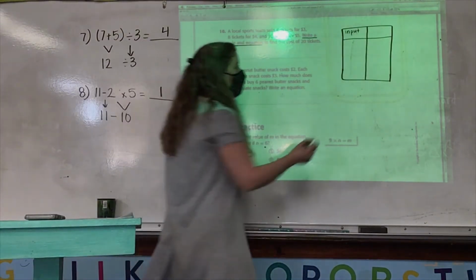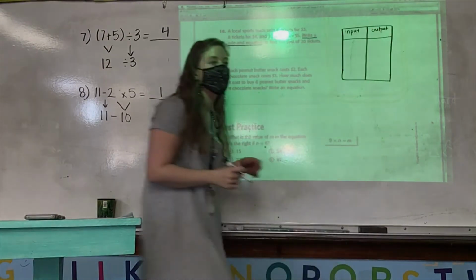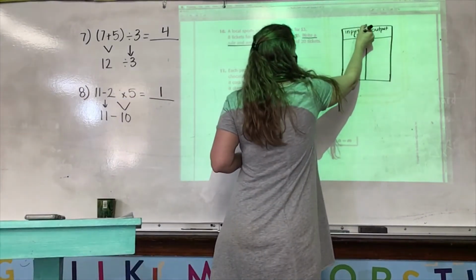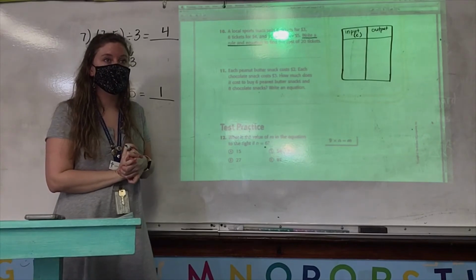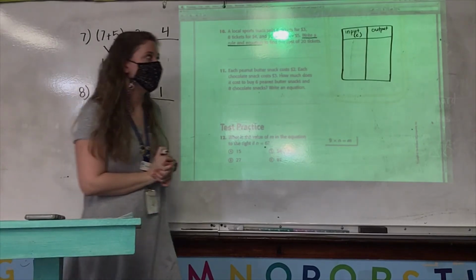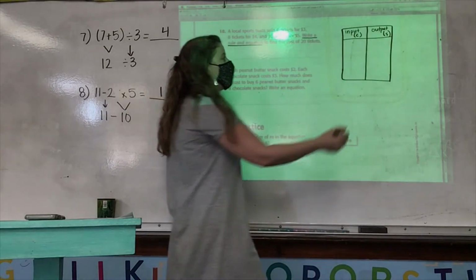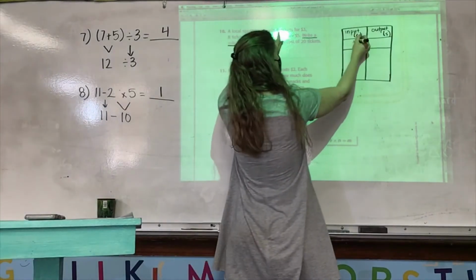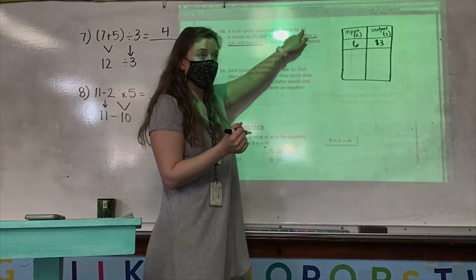Aaron, what variable would you like to use for the input? The amount of tickets. C. And what would you like to use for the output? The total cost. S. And we know if we sell 6 tickets, it costs $3.